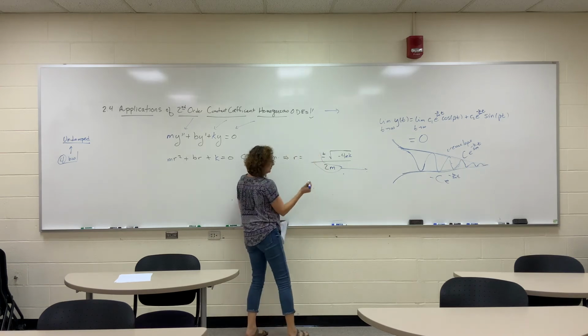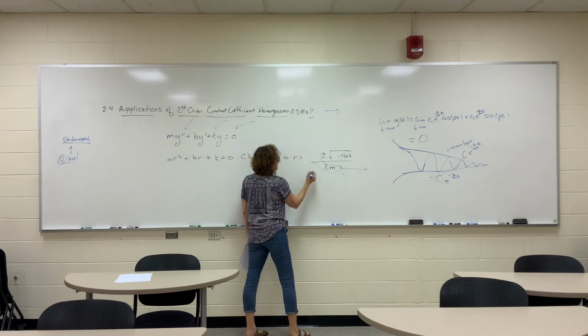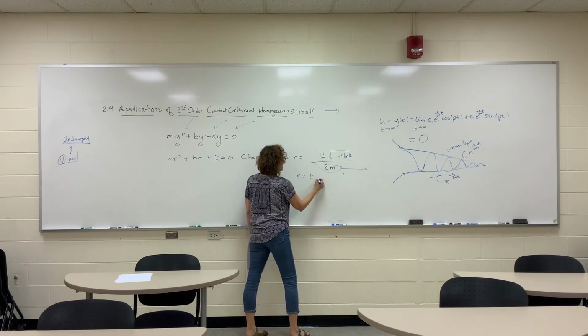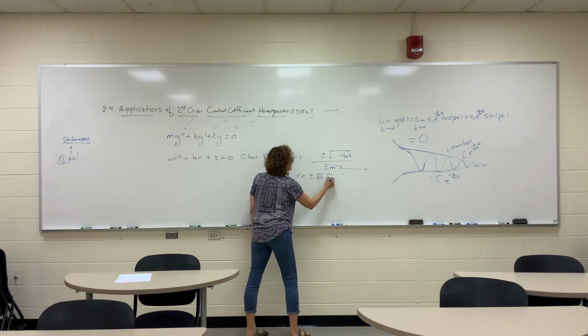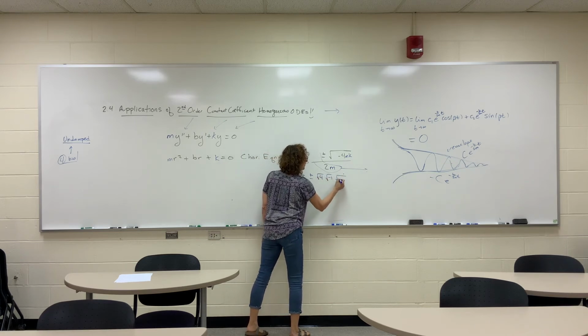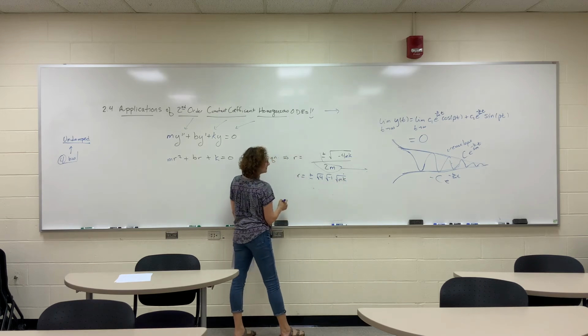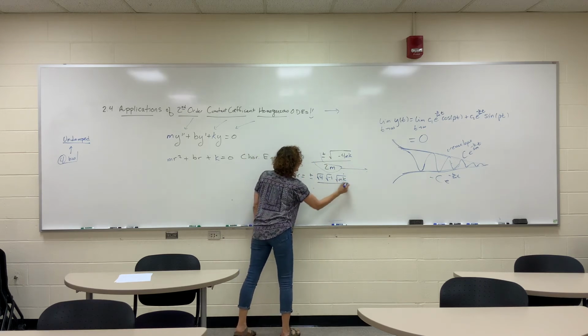So this is one way to do it, if b is 0. And so what do we have? r is plus or minus, well, that's the same as the square root of 4 times the square root of -1 times the square root of m times k. Yes, that top piece. And the bottom is 2m.